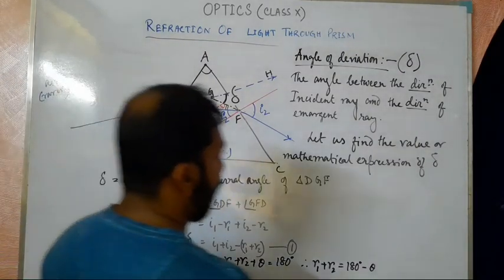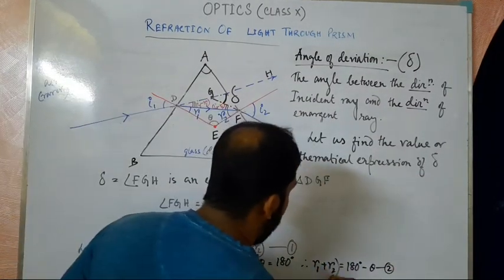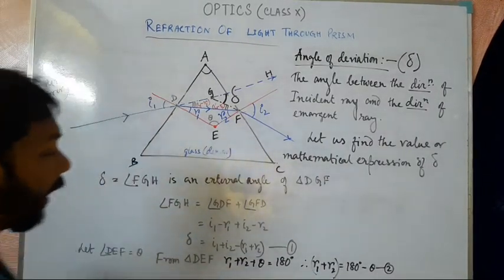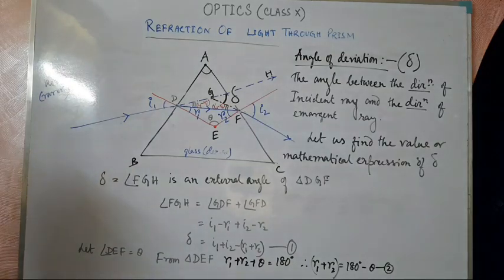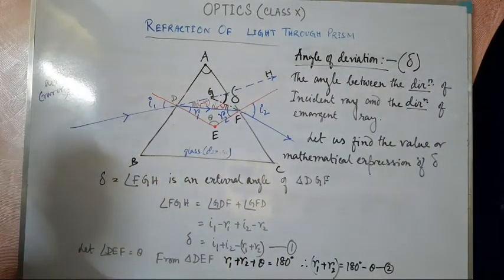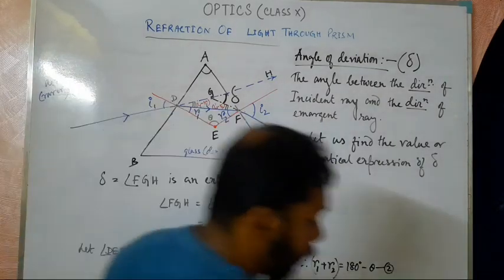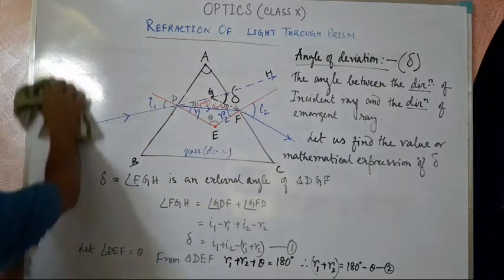So we have another equation which gives the value of R1 plus R2, equal to 180 degrees minus theta. Again, there is an unknown value. We don't know what the angle theta is, because it is also an intermediate angle. So let us take another equation. Now I will have to wrap up this board.